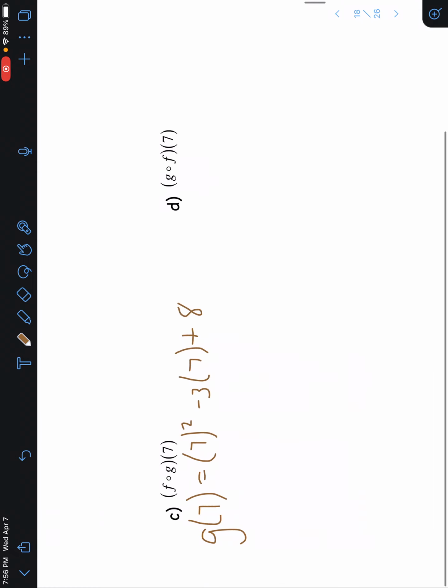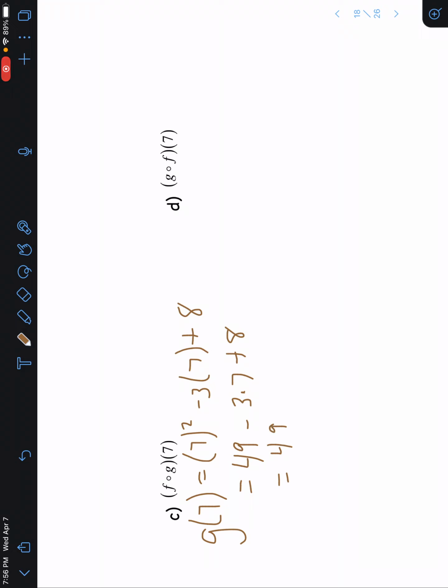And we're going to use the order of operations here. So exponent. Then we're going to multiply to get minus 21. And then 49 minus 21 is 28.